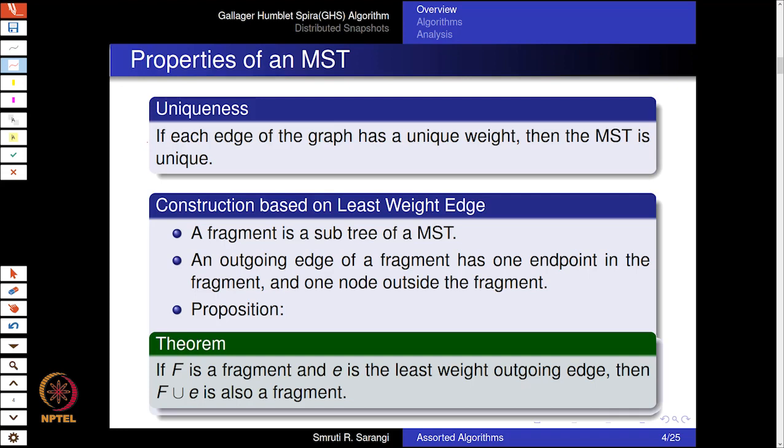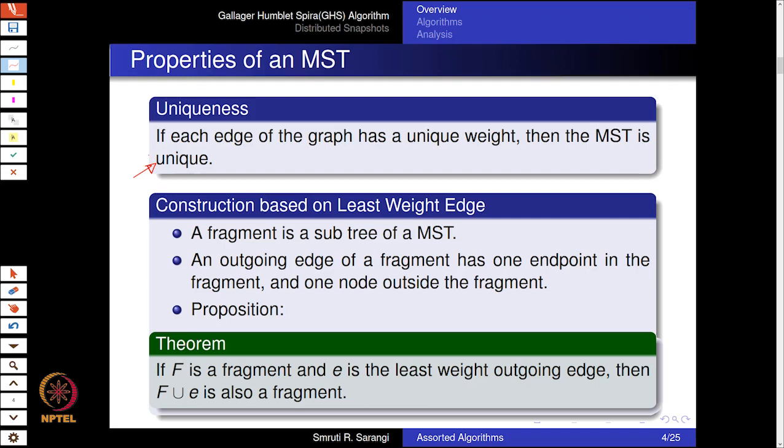The first is the property of uniqueness, which says that if each edge of the graph has a unique weight, then the MST is unique. This goes without saying, and is easy to prove. So if each edge of the graph has a unique weight, then the MST is unique. You will not have two MSTs.